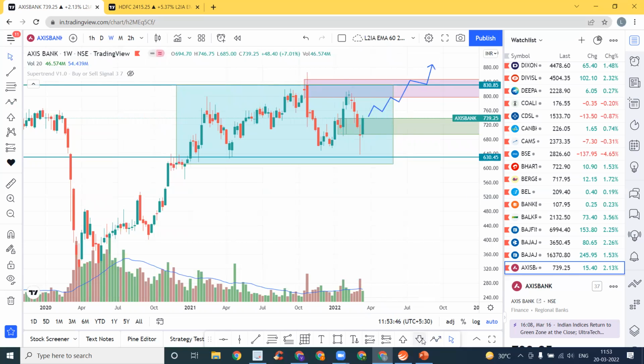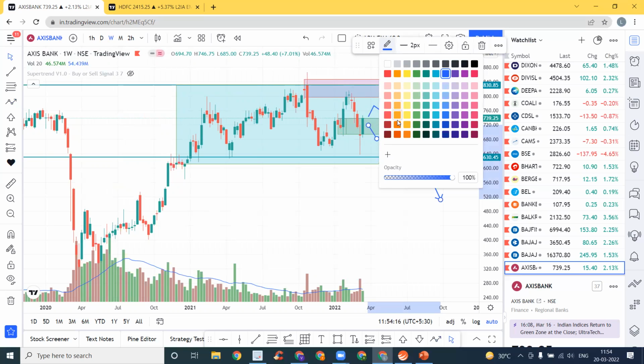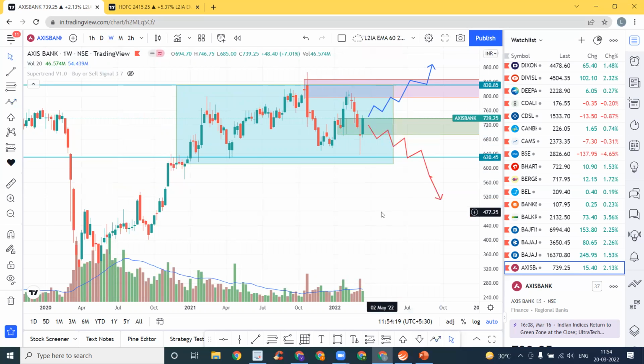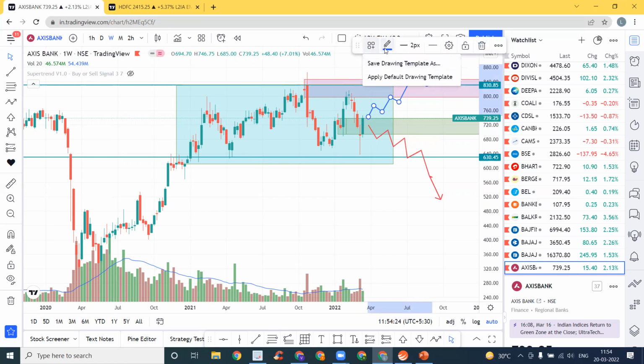But supposing this stock doesn't move up and starts moving down, then it's a condition where I can say that Axis Bank can go further down. So this is a condition which can create a problem for Axis Bank, and this is a condition where it can go in an upward direction also.